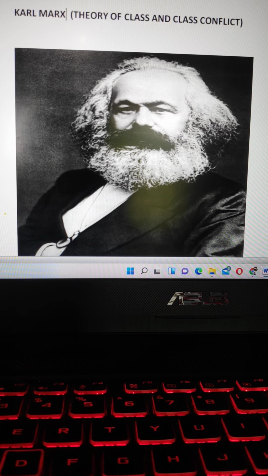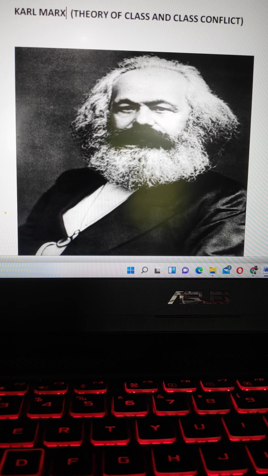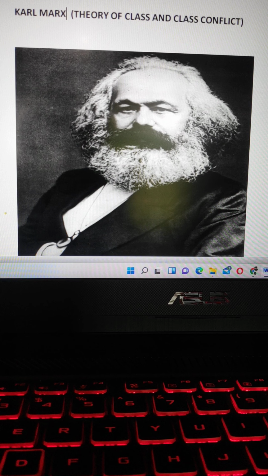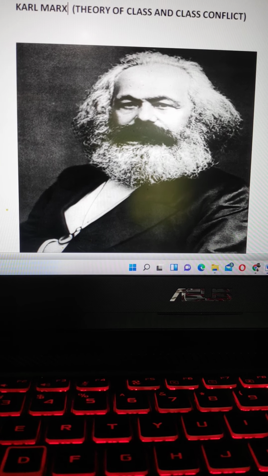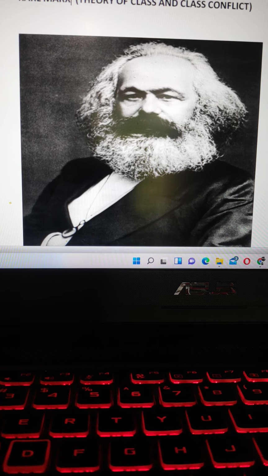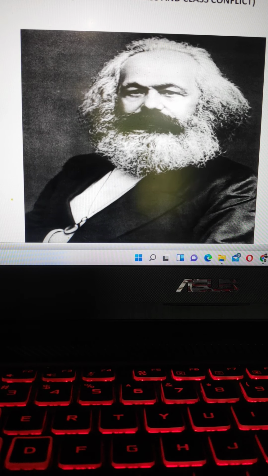Marx developed the theory of class conflict in his analysis and critique of capitalist society. The main ingredients of the theory may be summarized as follows. The first one is development of the proletariat.